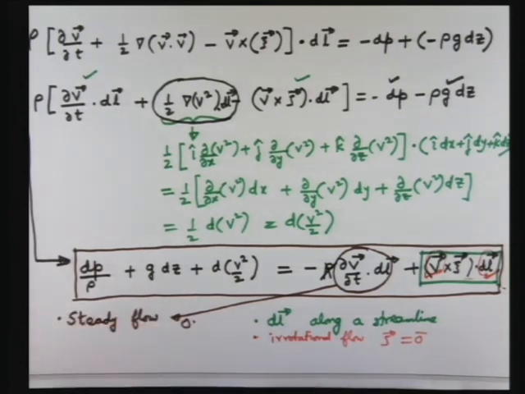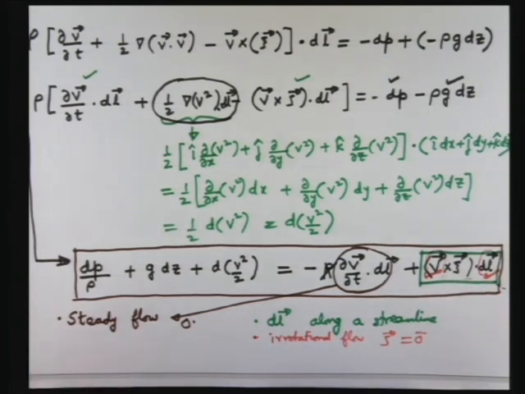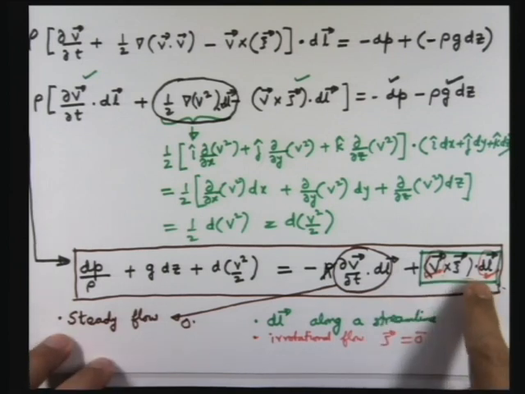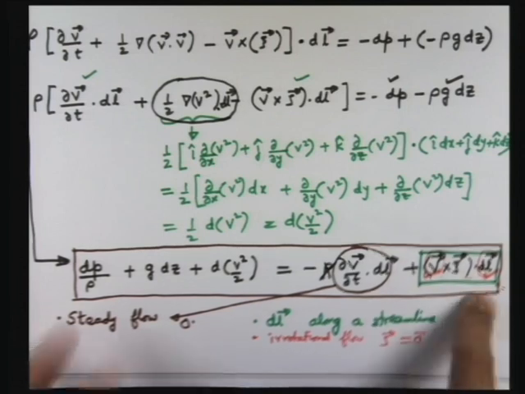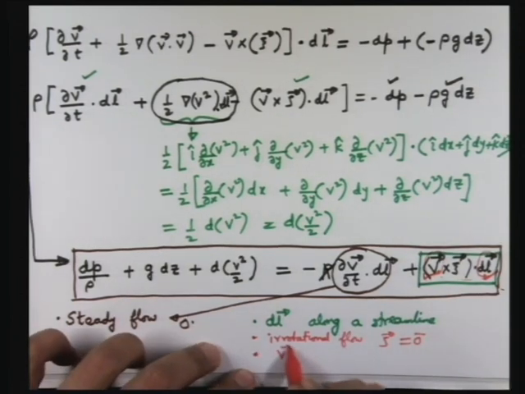There is a third possibility which is very commonly neglected in books. Typically they will not write it, but you see it is a dot product of two vectors. The dot product of two vectors is 0 when the two vectors have an angle of 90 degrees between them. So if V cross zeta is perpendicular to dl, then also this term will become 0.